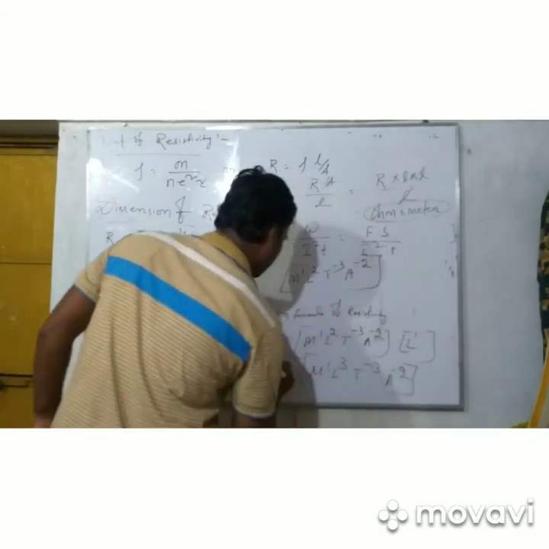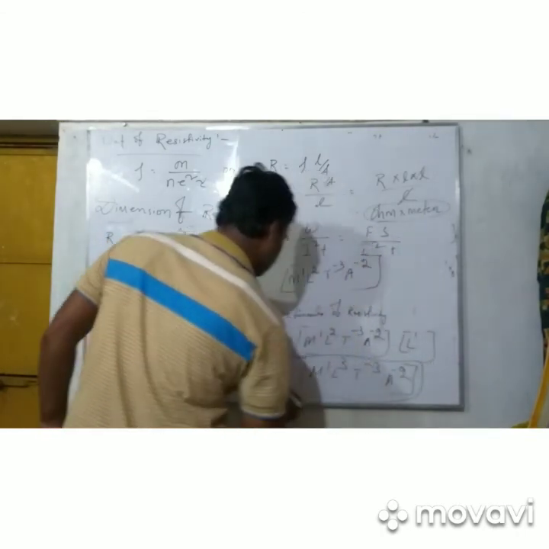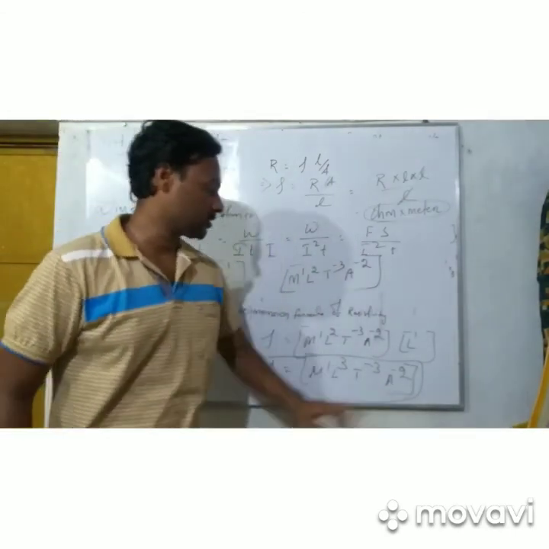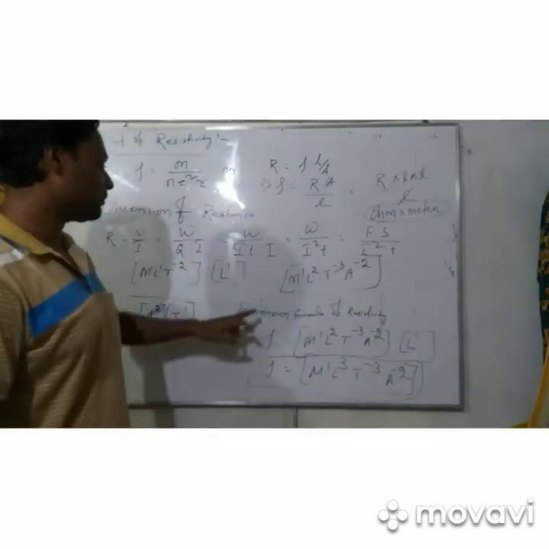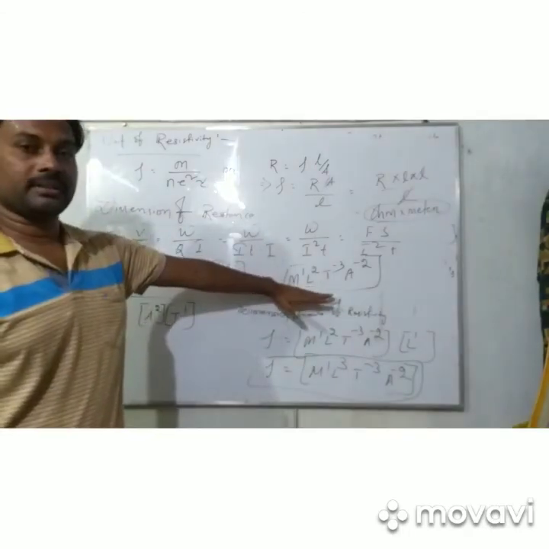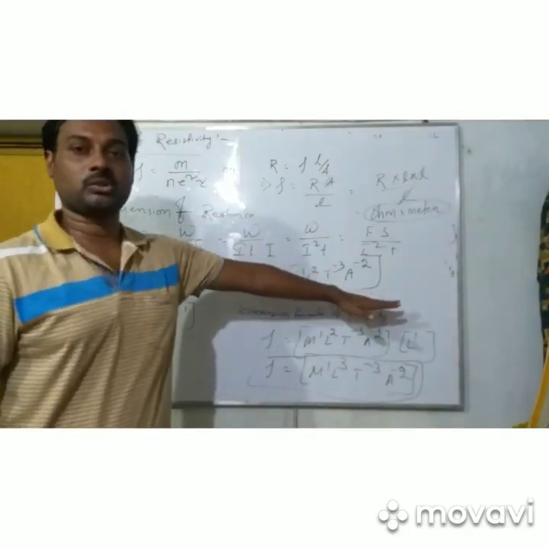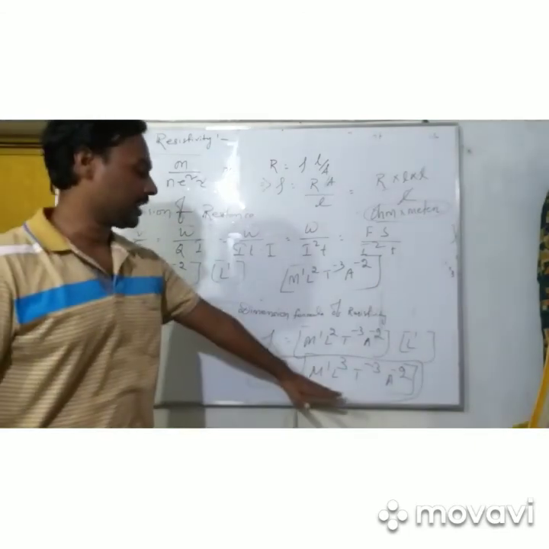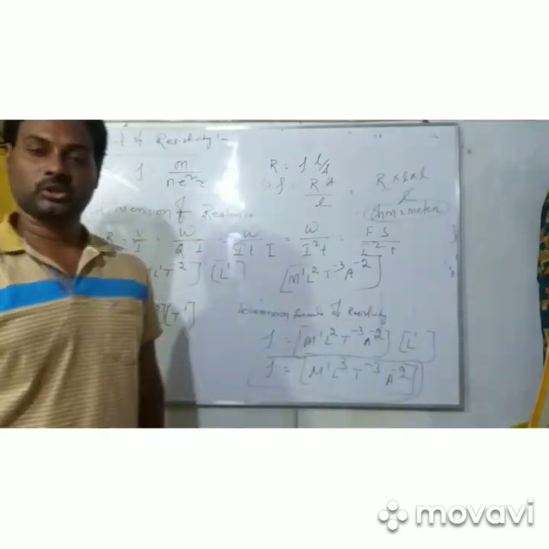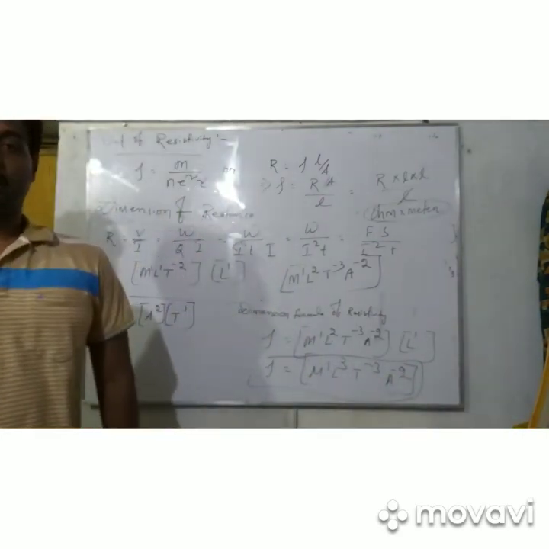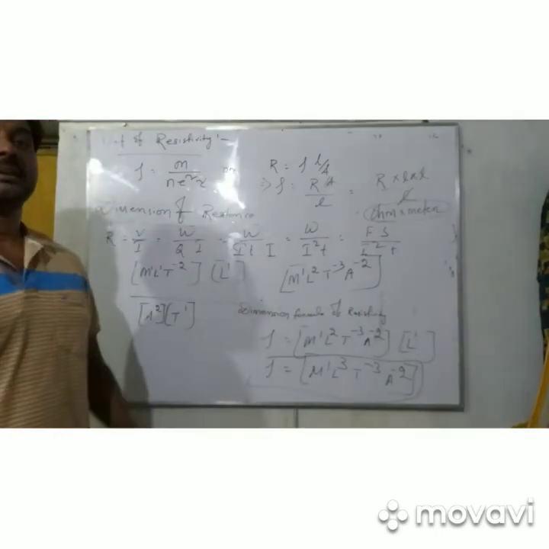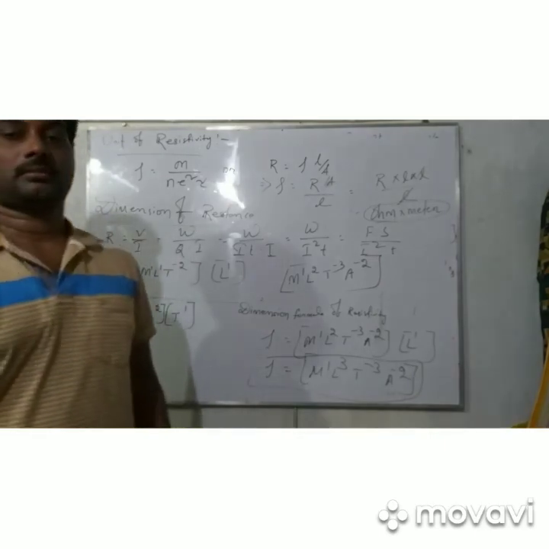This is the dimension formula of resistivity. In resistance the dimension formula is M¹ L² T⁻³ A⁻², but in resistivity the dimension formula is M¹ L³ T⁻³ A⁻². So this is the overall view of electrical resistance, resistivity and their dimensions. Okay, thank you.